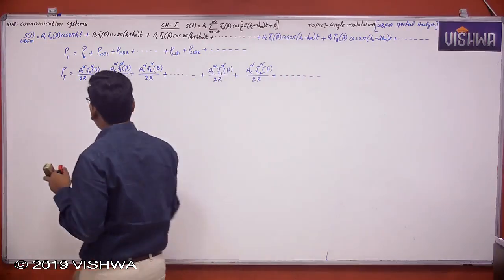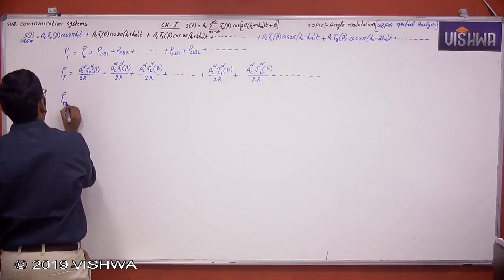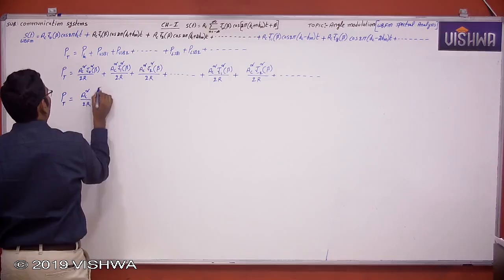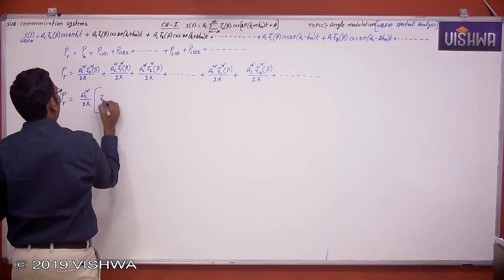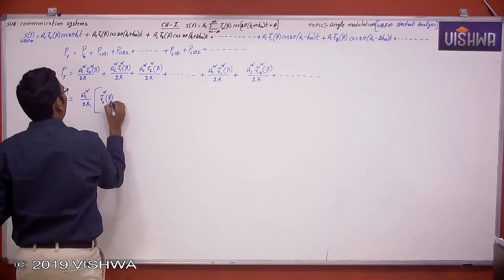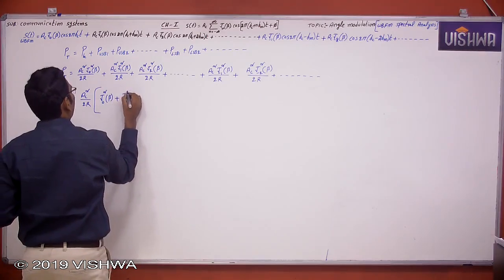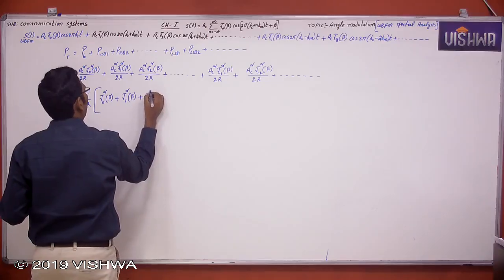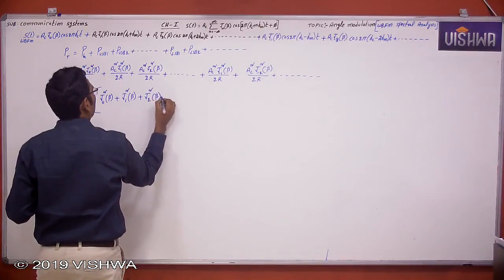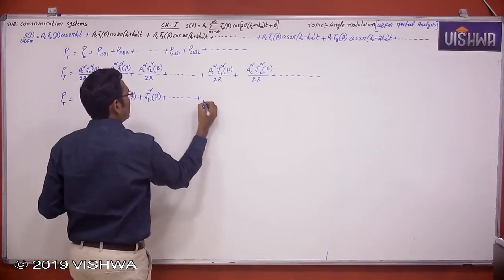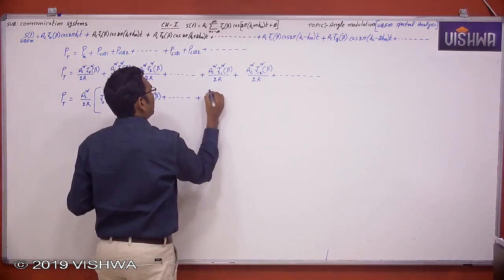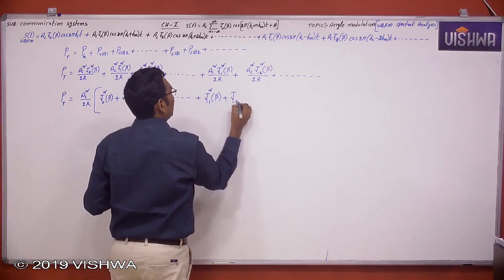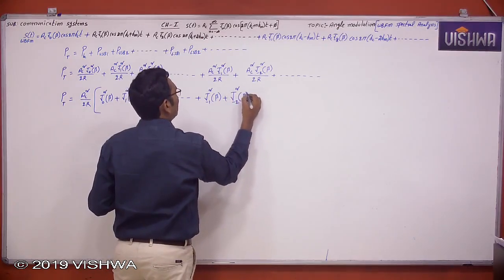So what is the total power? In all the terms, Ac squared by 2R is common. Then we have J0 squared of beta plus J1 squared of beta plus J2 squared of beta plus and so on, plus J minus 1 squared of beta plus J minus 2 squared of beta and so on.